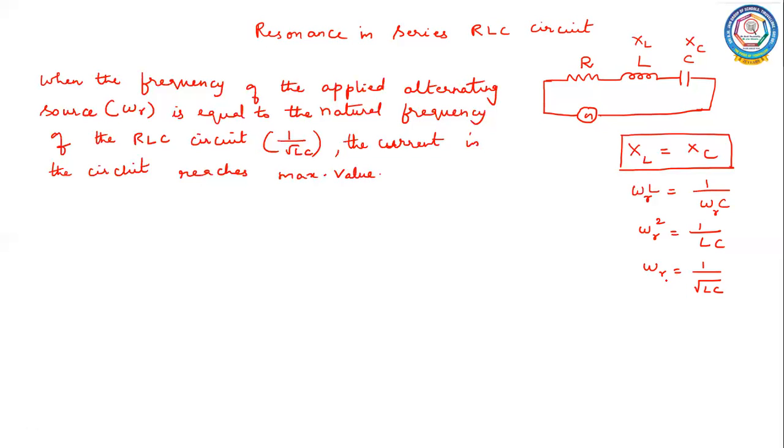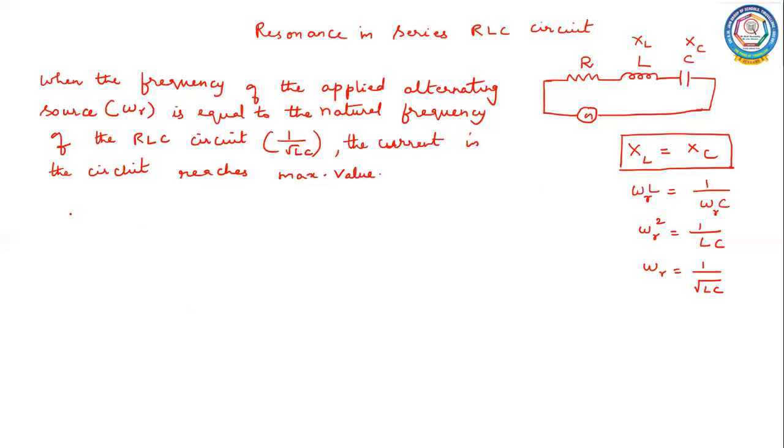Look at the value here. What is omega r? Omega r is nothing but the frequency of the applied alternating voltage when it is equal to the natural frequency. When XL is equal to XC, that is inductive reactance equals capacitive reactance, resonance takes place and the current in the circuit reaches its maximum value, Im.